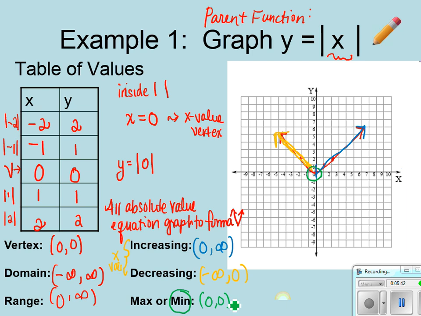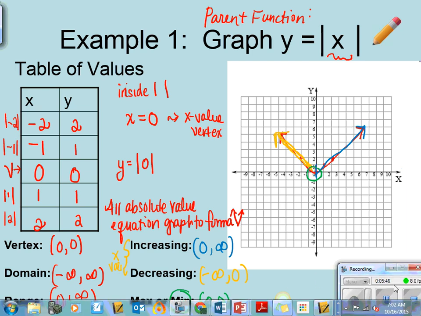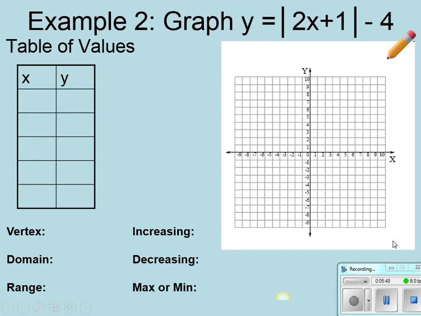Okay? All right. Now let's do another one. Example number 2 says y equals 2x plus 1, the absolute value of all of that, minus 4.